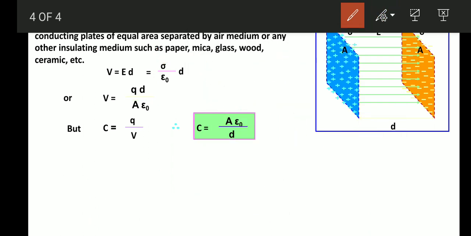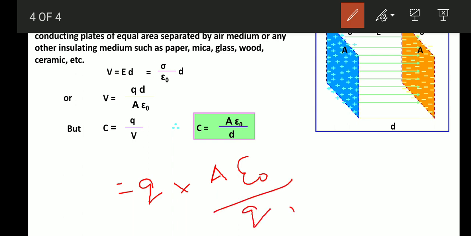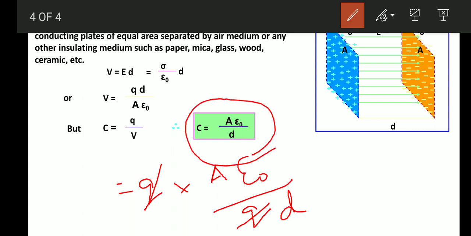When you take the reciprocal of this term, then you will get Q into A epsilon naught divided by Q into D. Q and Q get cancelled, so the capacitance of the conductor is equal to A epsilon naught by D. From this you can obtain a relation.